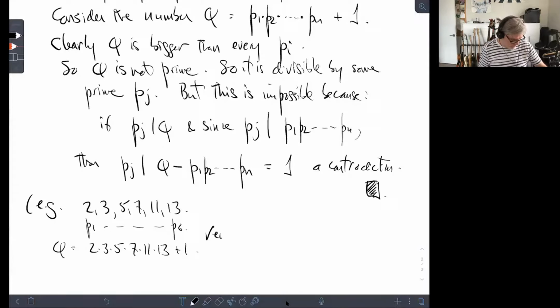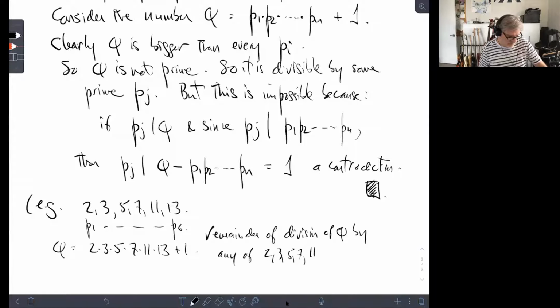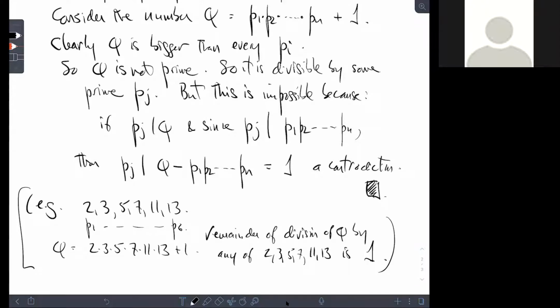So the remainder of division of Q by any of 2, 3, 5, 7, 11, 13 is 1. Okay, just to illustrate. Does that make sense? Yes. All right.